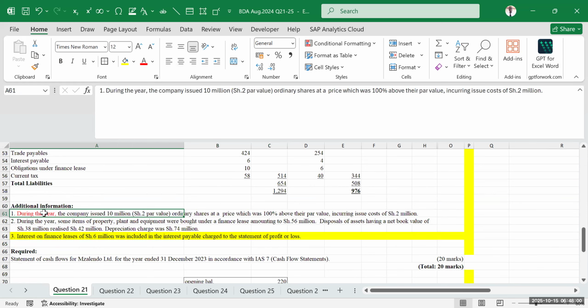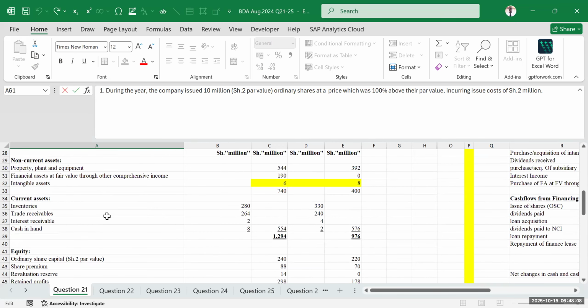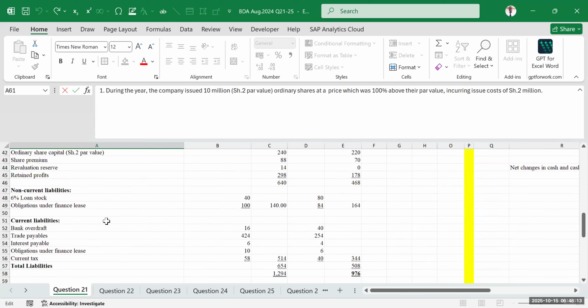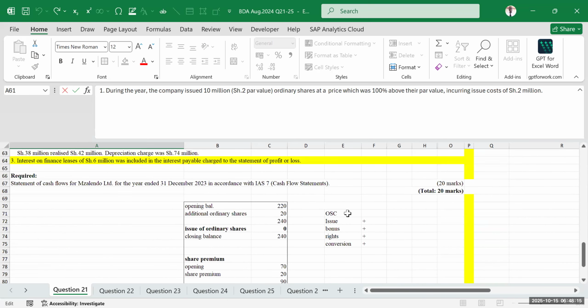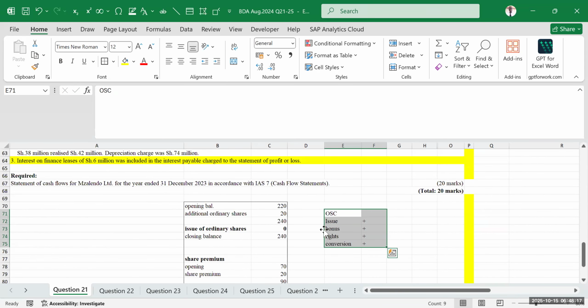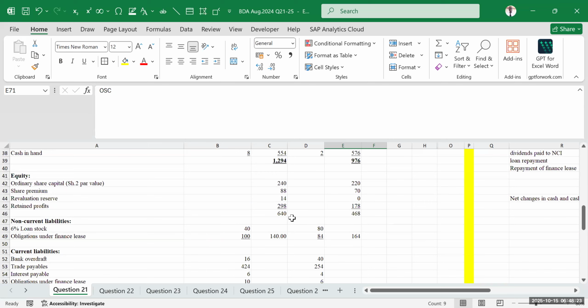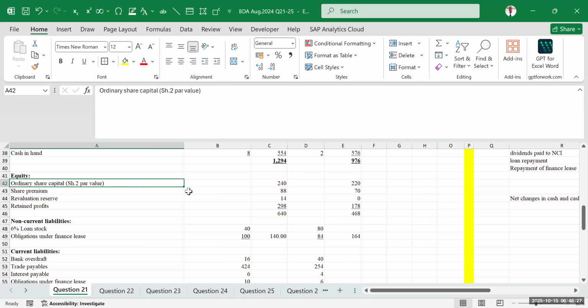Now, the examiner has not expressly told us that the issue of shares was not recognized. And if we look at the movement of the ordinary share capital account, having known the factors affecting ordinary share capital, we can look at it and say, was the movement upwards or downwards? We can all see the movement was upwards. The ordinary share capital line at par value went from 220 to 240.